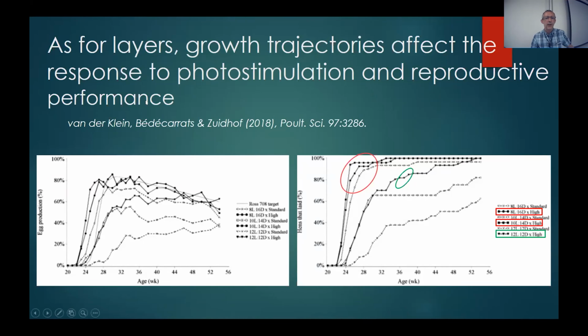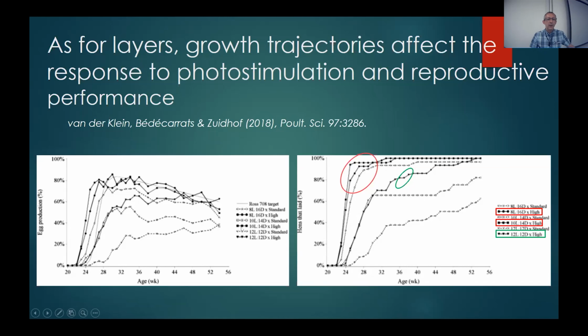And in that paper here from Sasha van der Klein in 2018, what they looked at is, what if we play with the rearing photoperiod, so during the pullet growth, and we play with the energy that is put in the ration for those birds, whether a standard diet or a high energy diet.